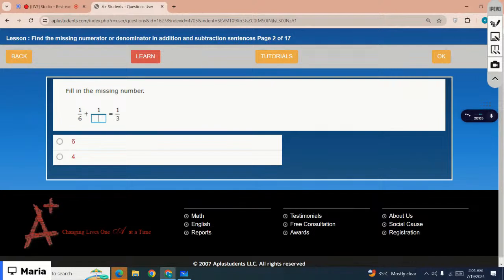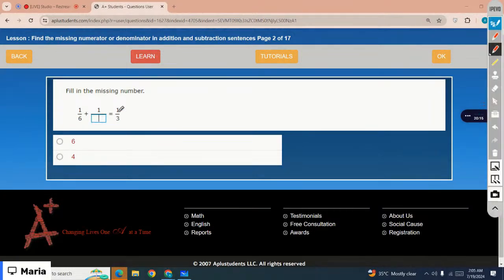Okay, the next one is fill in the missing number. You have to find the missing number, right? Here you are given 1 by 6 plus 1 over missing number equals 1 over 3. So that means the missing denominator is 6. Why? Because here you have 1 by 6 plus 1 by 6. You add 1 plus 1, which is 2 over 6.